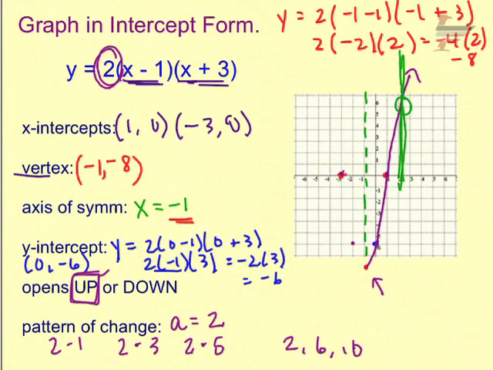So be careful that you're not crossing that spot of just over 1. When we graph this, we go up, and notice I didn't cross over that spot. Then on our left side, we go up like that. So there is our graph from intercept form.